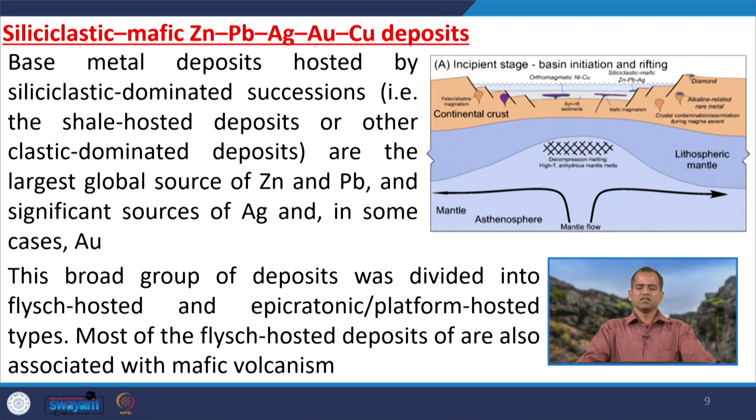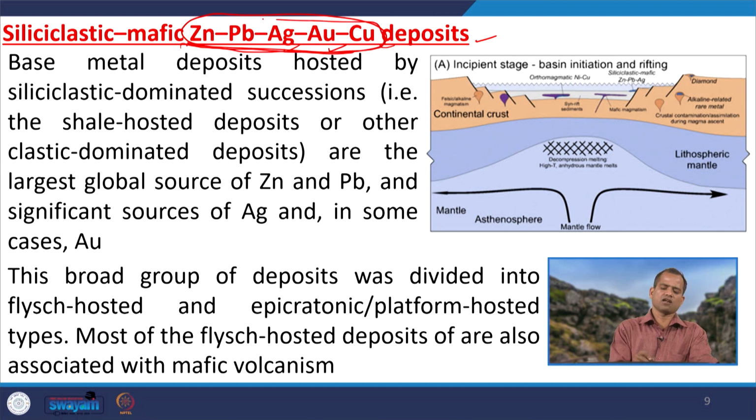Now, in this rift system, the mineral composition that we get is zinc, Pb, Ag, Au, copper deposits. So, that means a series of minerals. You can see, in addition to that we have carbonatite, we have the PGE group of minerals, we have nickel. These are the dominant mineral phases that we find in this rift basin at the rift initiation stage.